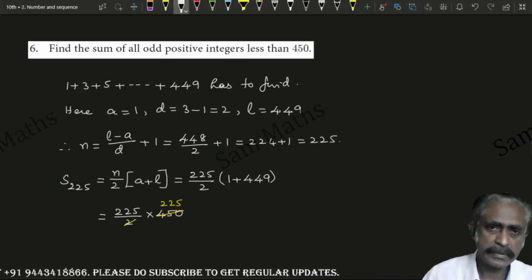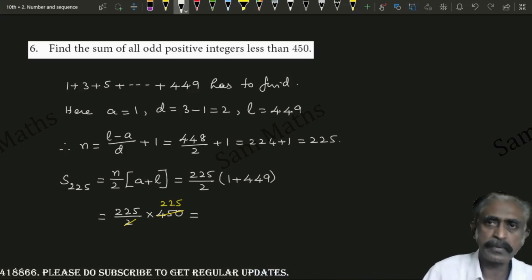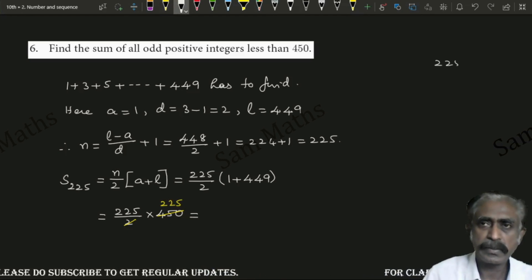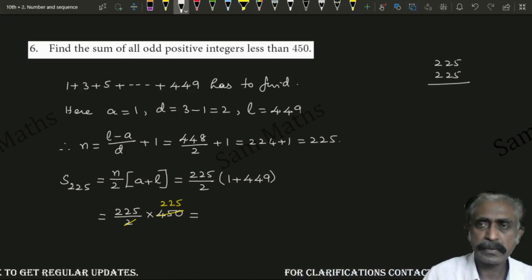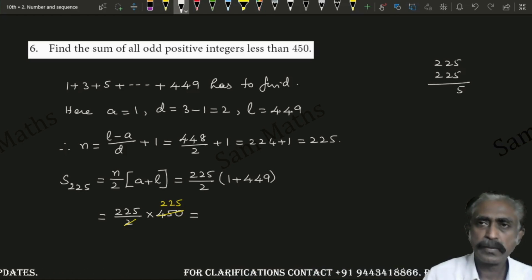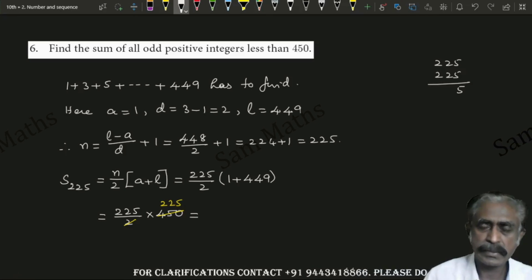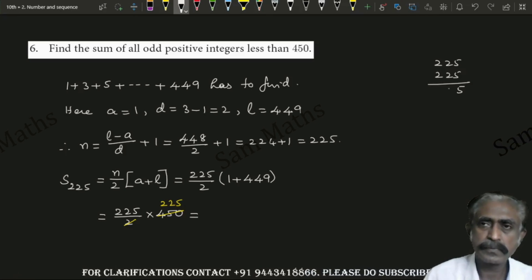Now you just take the product. This is equal to 225 into 225. 5 5s are 25. 2 balance. 2 5s are 10, 2 5s are 10, 20, 22.